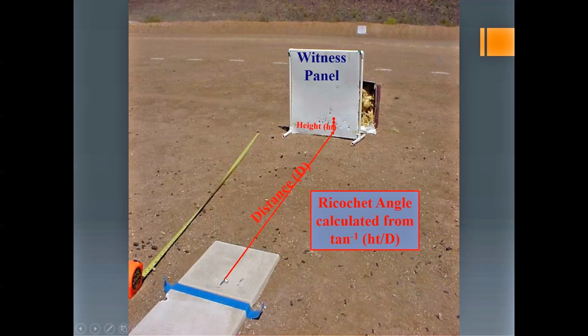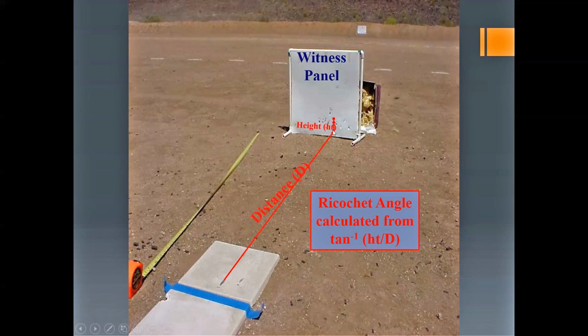So the level point from this surface to our witness panel comes out to here, right? We have this distance, we take this distance, and now we have the distance from what's level between this surface and our witness panel, and then where the bullet struck.